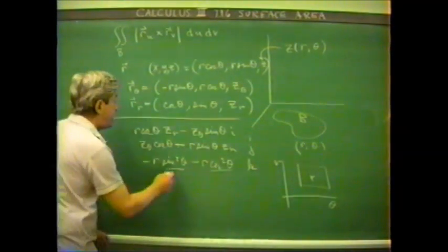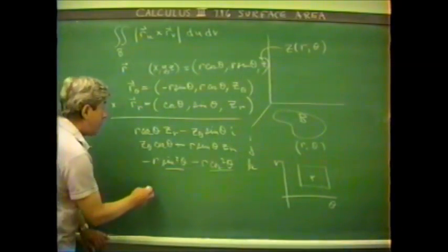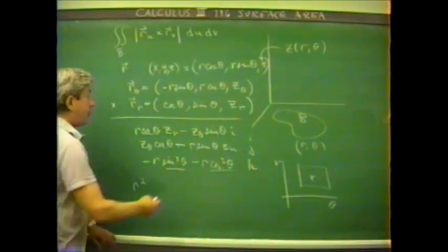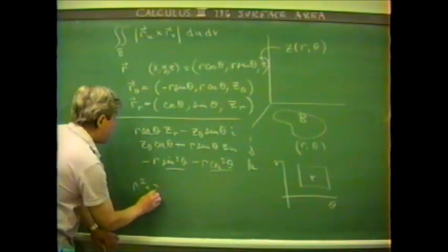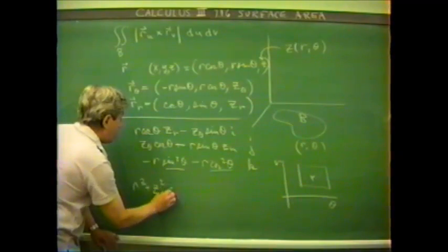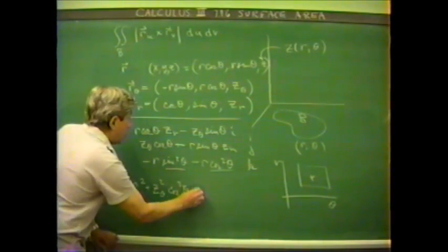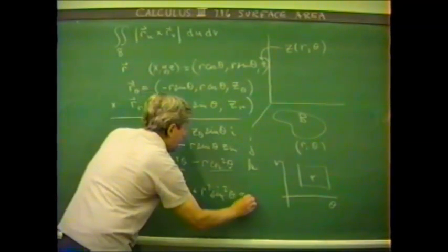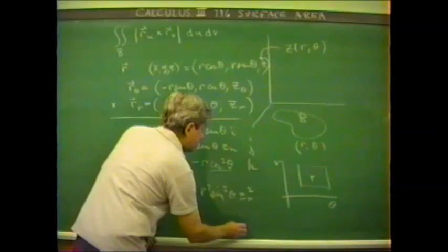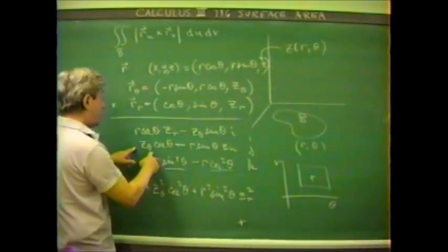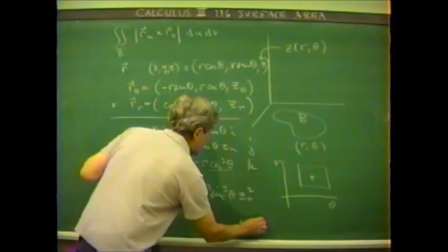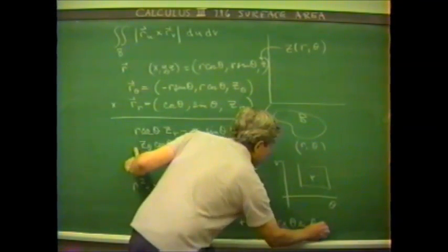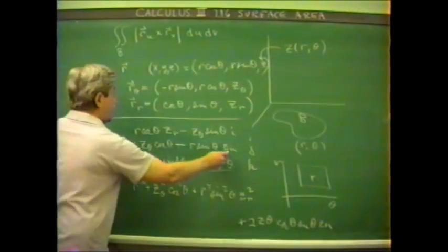What we now wish to do is take the magnitude of this vector. So we take the k component squared, which is essentially r squared. The j component squared gives us z theta squared cosine squared theta plus r squared sine squared theta z r squared plus 2 times z theta cosine theta sine theta r z r.